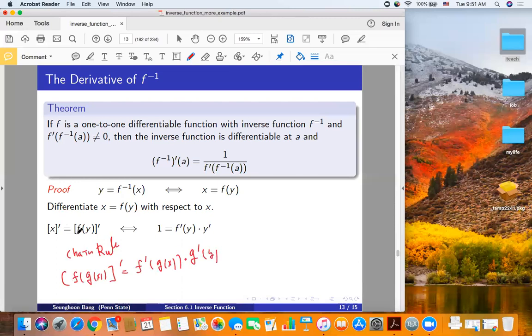In this case, f is the outer function. The y is the inner function g of x. You can use the chain rule. Outer function prime of inner function times inner function prime. So like this. Next, divide both sides by f prime of y.